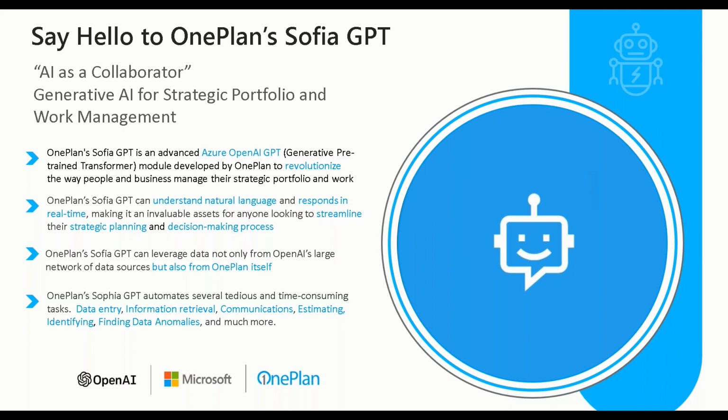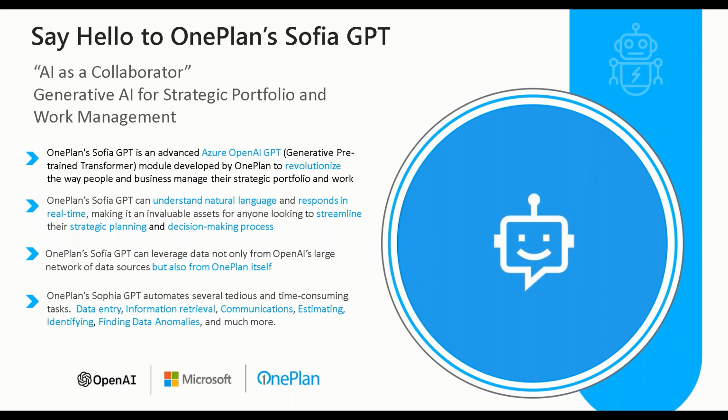The data actually used by Sophia GPT is the data that's within OnePlan. I think it's a good problem to have, but now we really have to focus on improving the data quality and data integrity within OnePlan, because that's what will actually be used in order to improve the decision making that Sophia GPT will help us with.